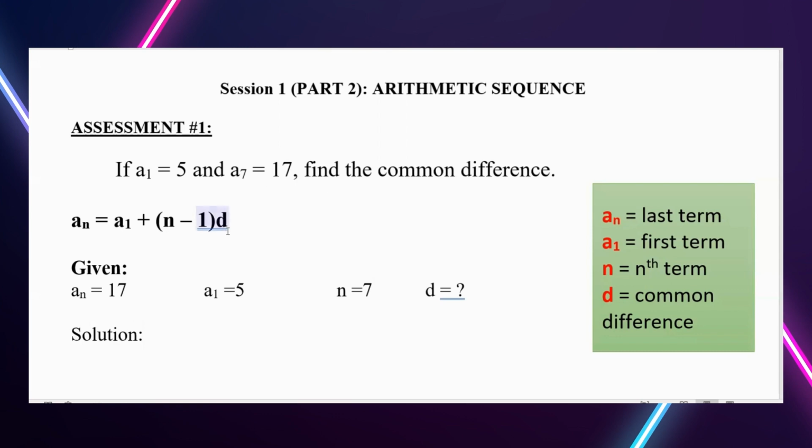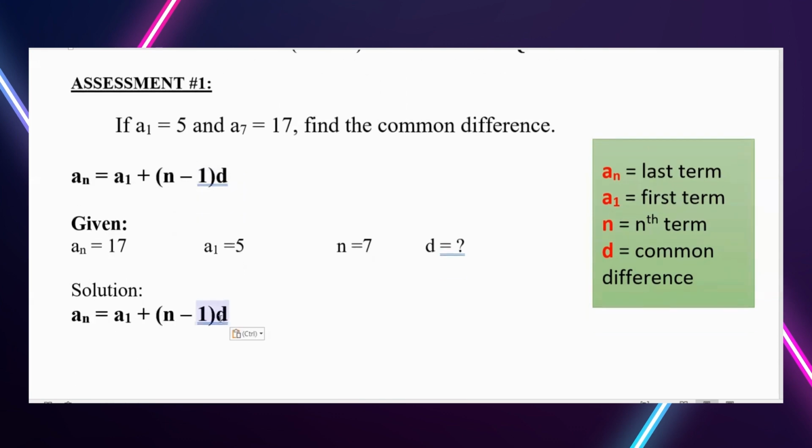Using the formula, a sub n is equal to a sub 1 plus n minus 1 times d. Let us substitute the values of a sub n, which is 17, the value of a sub 1, which is 5, plus the quantity of the value of n term, which is 7, minus 1 times d.